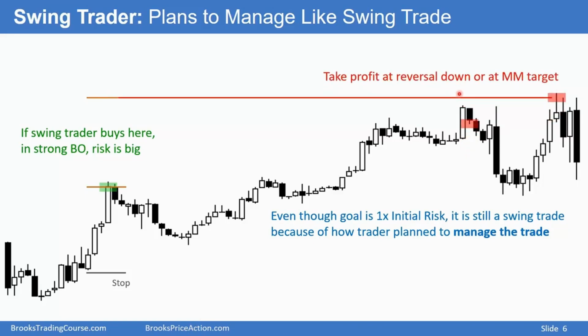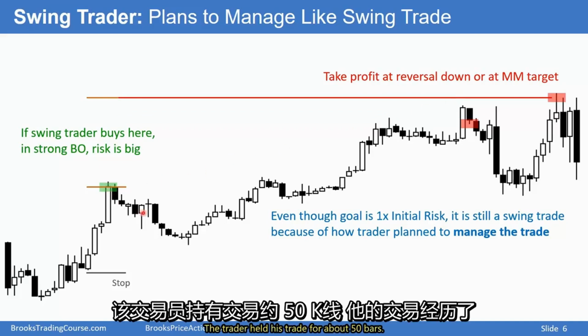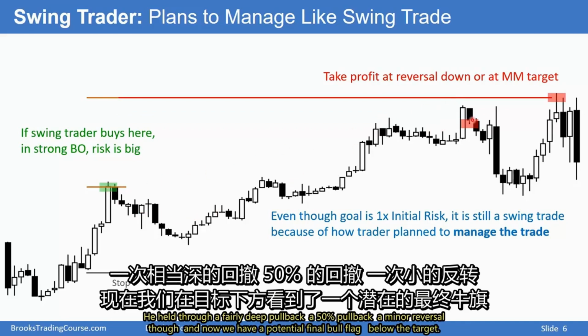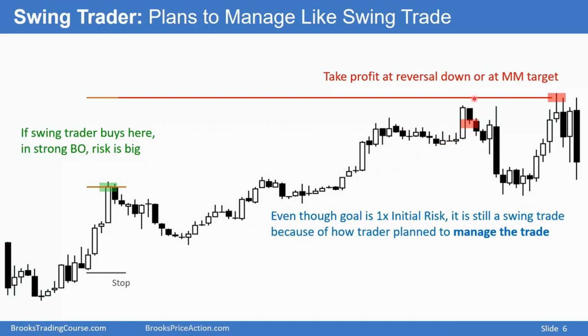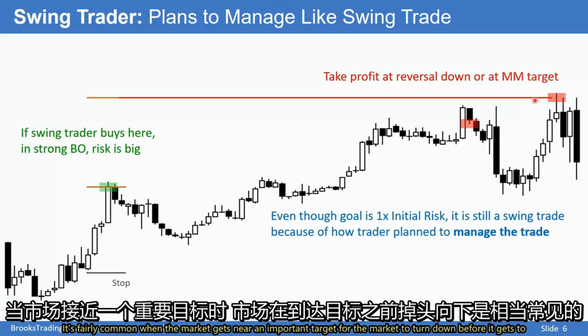Look what took place up here. The trader held his trade for about 50 bars. He held through a fairly deep pullback, a 50% pullback, a minor reversal though. And now we have a potential final bull flag right below the target. It's fairly common when the market gets near an important target for the market to turn down before it gets to the target.